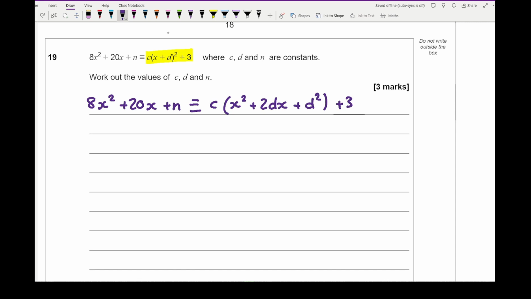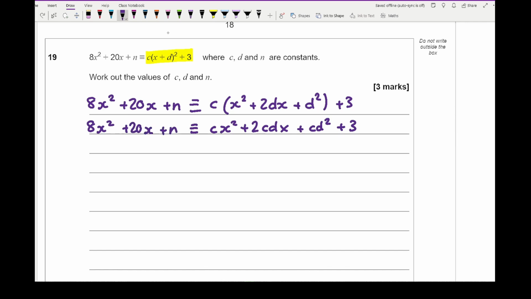Multiply everything in the brackets by c, and I get cx squared plus 2cdx plus cd squared plus 3.